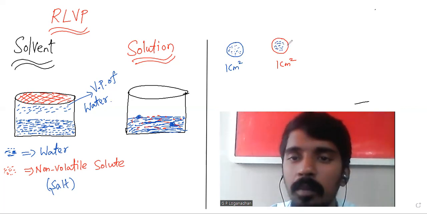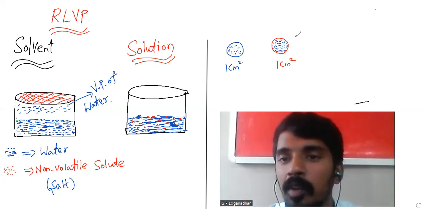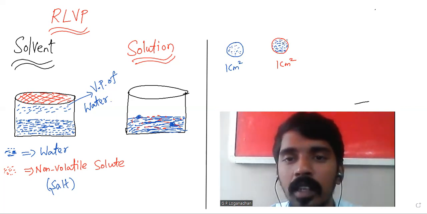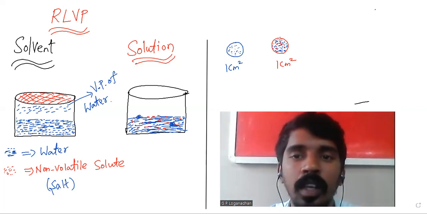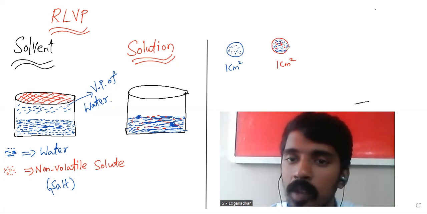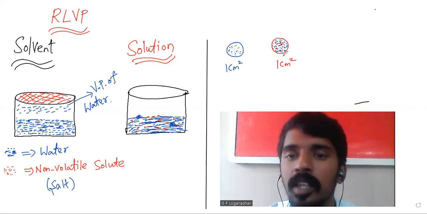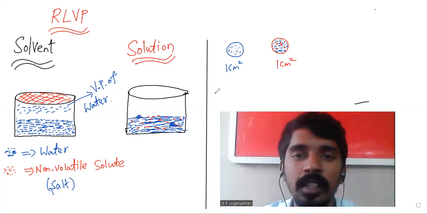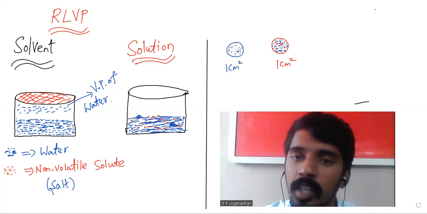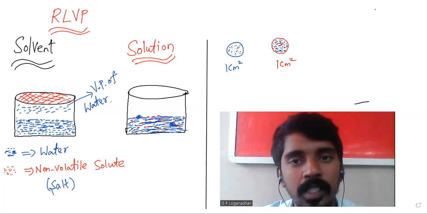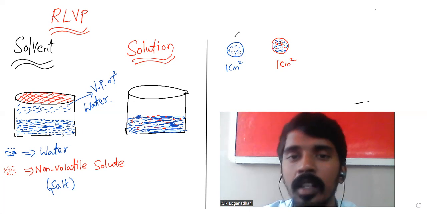definitely there will be some part of the surface which does not have water, and instead has salt. So though it is a 1 centimeter square area, water molecules are not present over all of it. But in the solvent, from all parts of that 1 centimeter square area there is a possibility for the molecules to change into vapors.